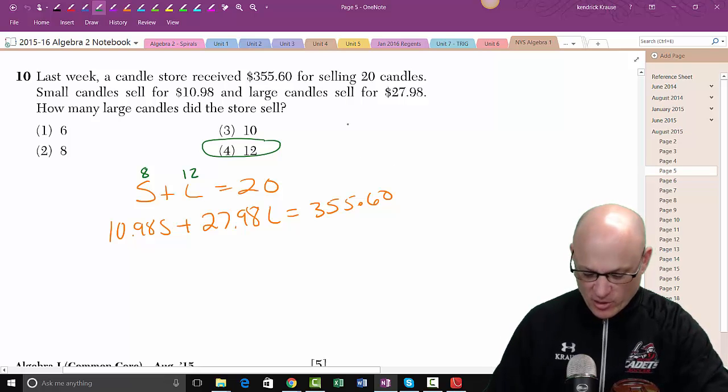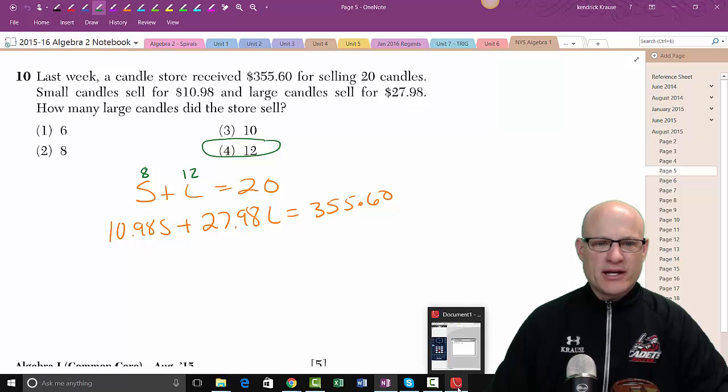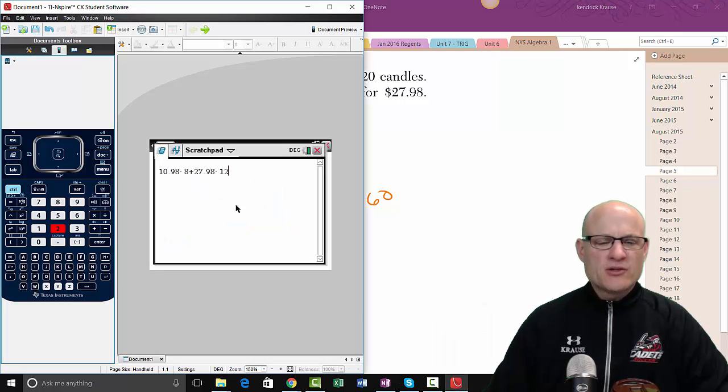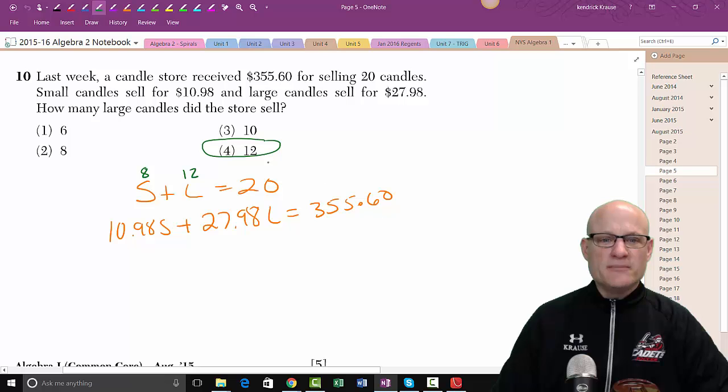For some reason my calculator just shut down for me, but I think I got back out: 10.98 times 8 and 27.98 times 12, and we get a total of $423. Way too much.